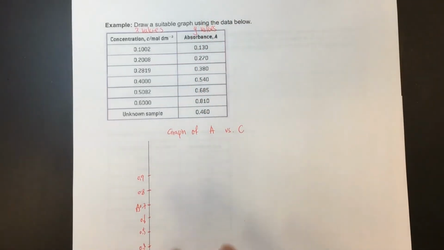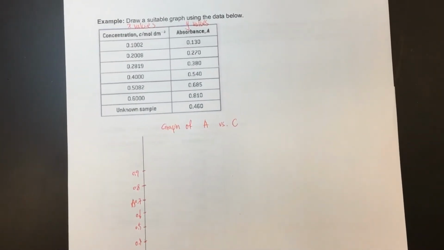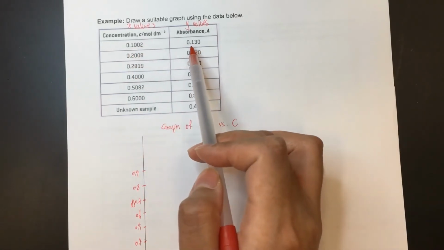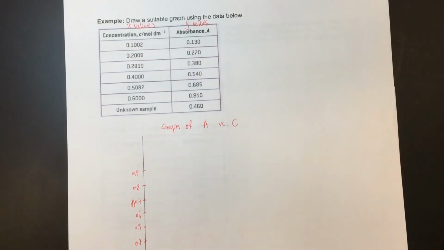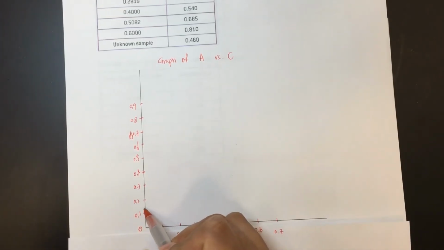Okay, so we're going to plot these numbers into this graph. The first coordinate point is 0.1 and 0.13. So I'm going to say 0.1 is approximately here, and 0.13, so I should say it's around this point here.